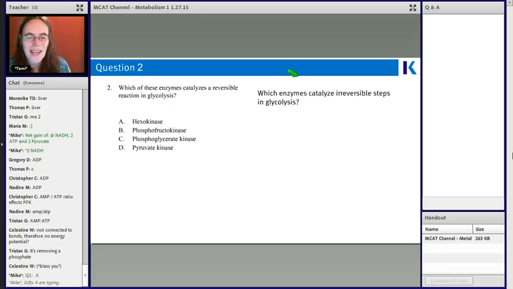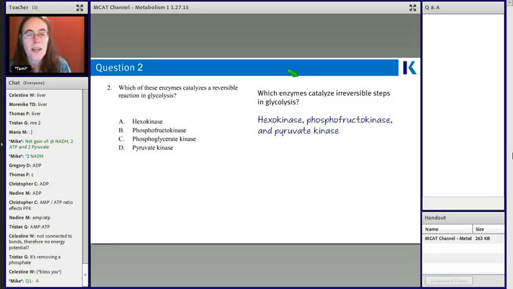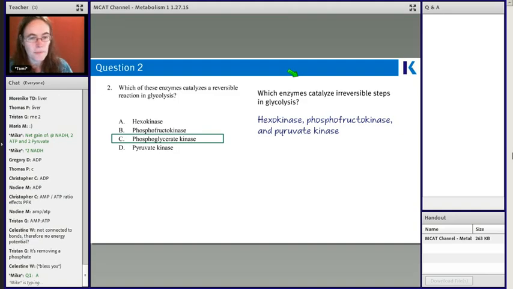We said that is absolutely irreversible. Phosphofructokinase, we said was absolutely irreversible. And pyruvate kinase, making that pyruvate molecule, we said is absolutely irreversible. Well, the only one we didn't list in that is phosphoglycerate kinase. That one actually is reversible.